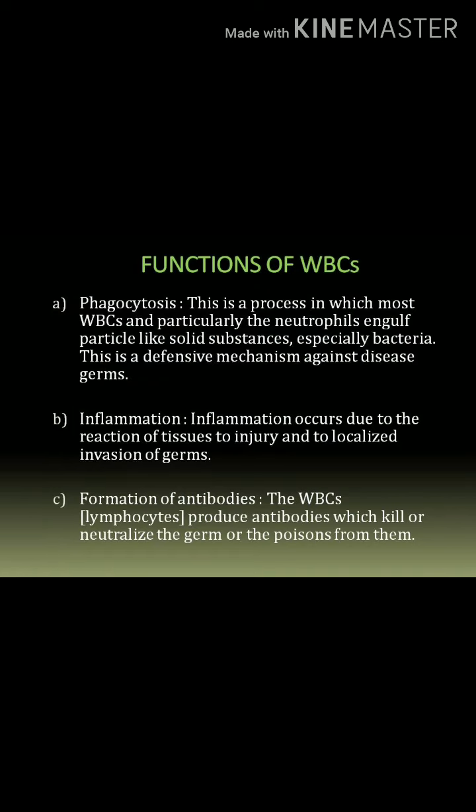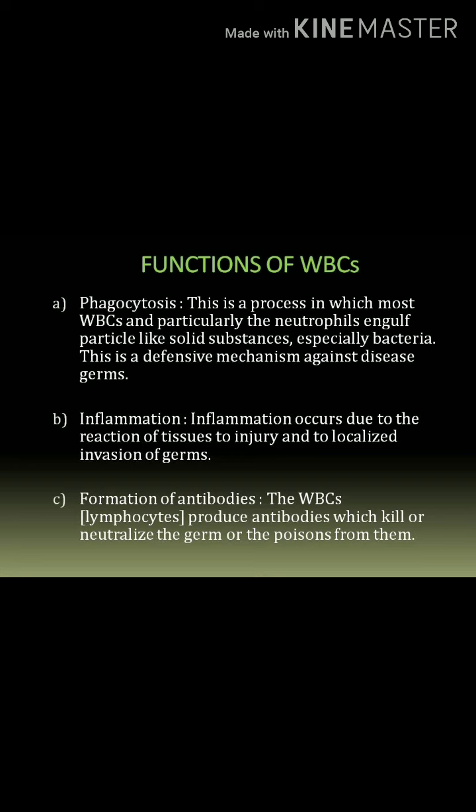Next, functions of WBCs. First one is phagocytosis. This is a process in which most WBCs, and particularly the neutrophils, engulf particles like solid substances, especially bacteria. This is a defensive mechanism against disease germs. Here phagocytosis means engulfing the disease-causing germs.